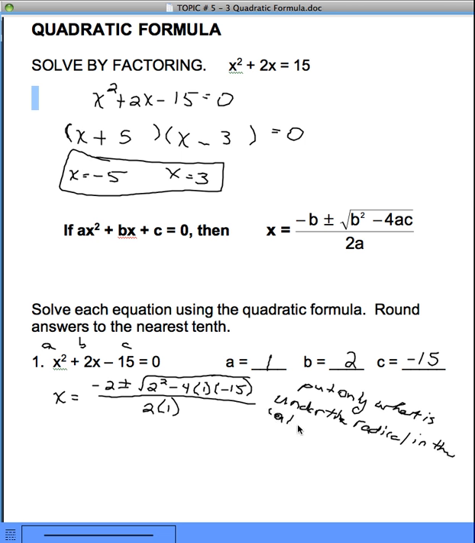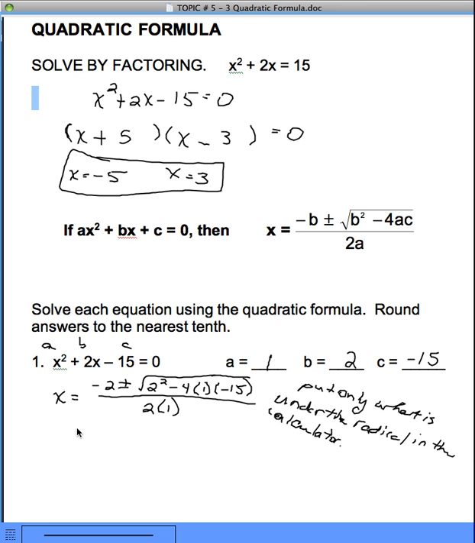I wish I could write better with this, but I can't. So put only what's under the radical in the calculator, and then do the math. Once you get what's under the radical, then you could use the calculator for the other things, but don't try to do it all at once.